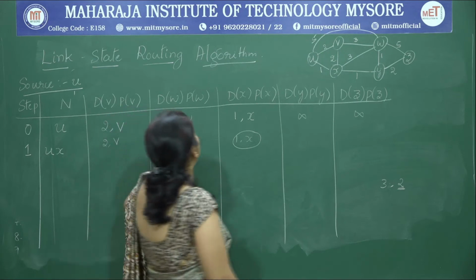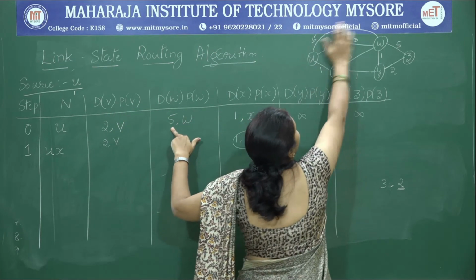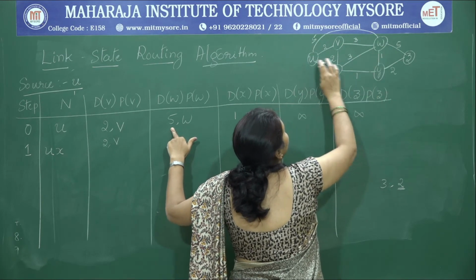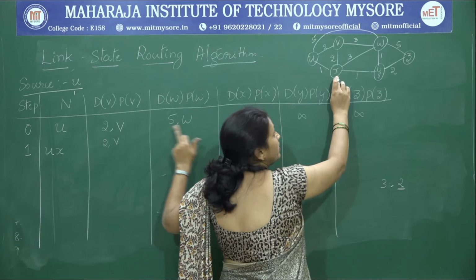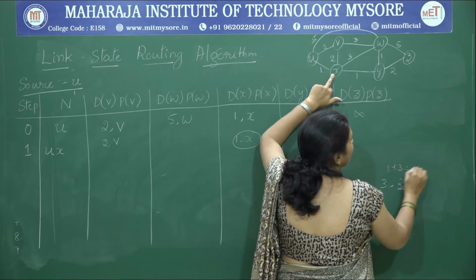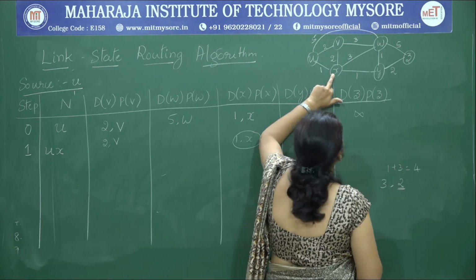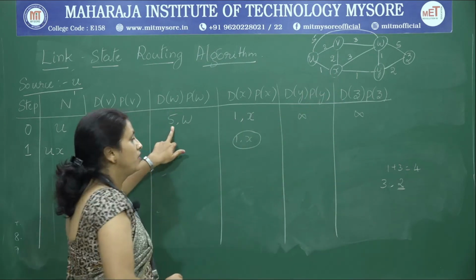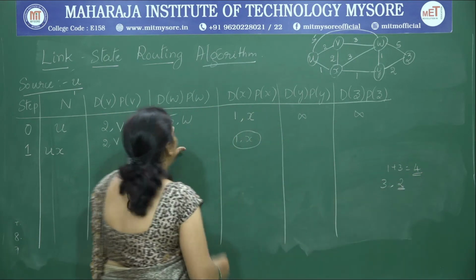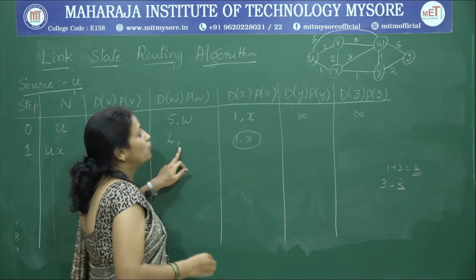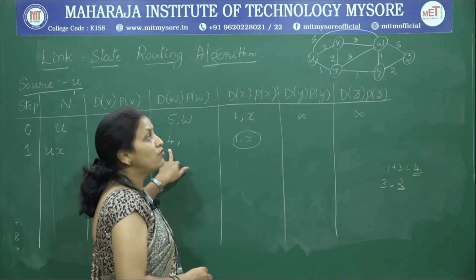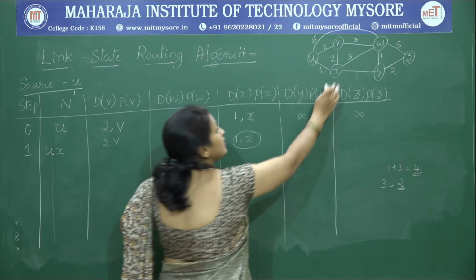Now, for w, we have 5 here. If we take this path, from u to x it is 1, from x to w it is 3, 1 plus 3, which becomes 4. So, we have 5, and 5 is greater than 4. So, we need to consider the new path, that is 4. Through which router does it have to pass in order to reach w with the cost 4? It is x.